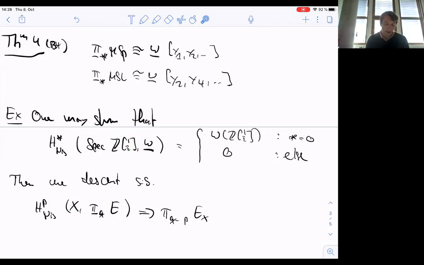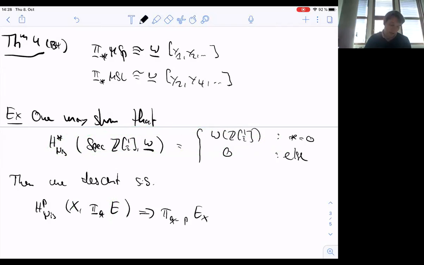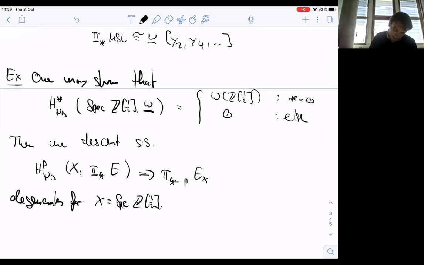Because there are lots of zeros in our homotopy sheaves, and no higher cohomology, you will find this always degenerates, for these examples. So this degenerates for X equals Spec Z[1/2] and E equals something like η-inverted MSP, η-inverted MSL, KW, or even the η-inverted sphere, localized at 2.